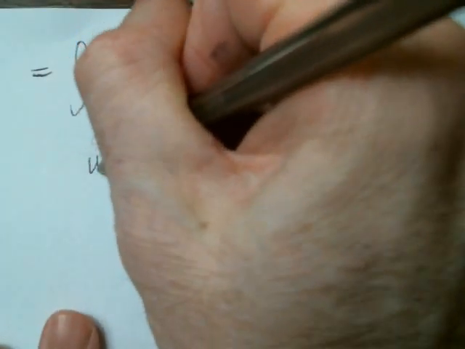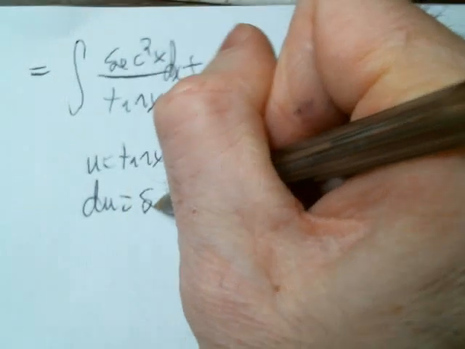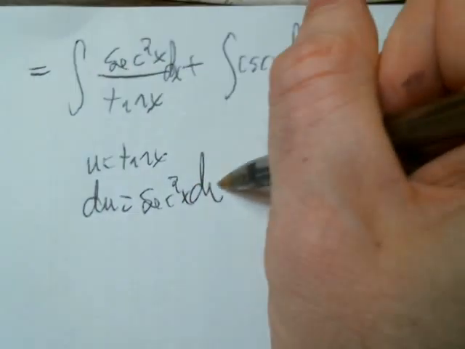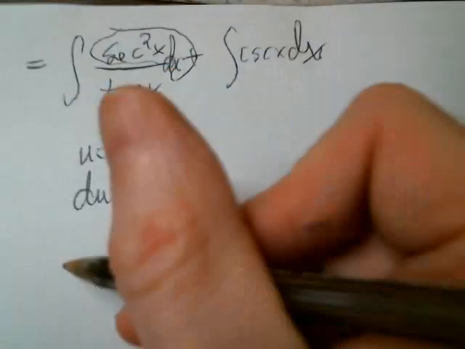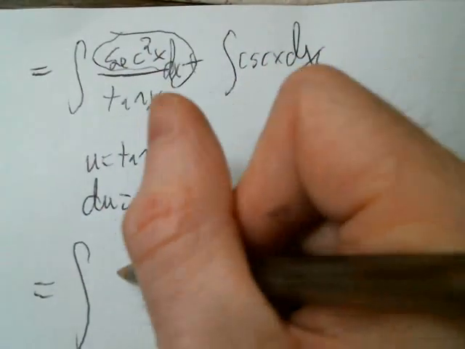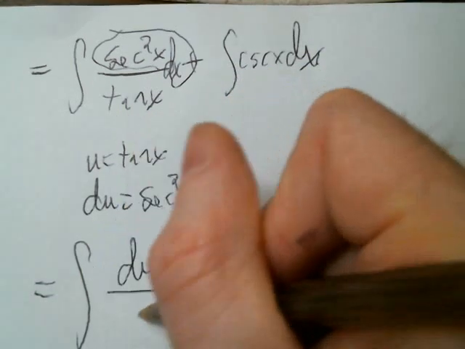So the first integral, I do a u sub for tan x, and then du will be secant squared x dx, which is sitting right here, right? So I can replace the numerator of that expression with just the du, and it will be all over u.